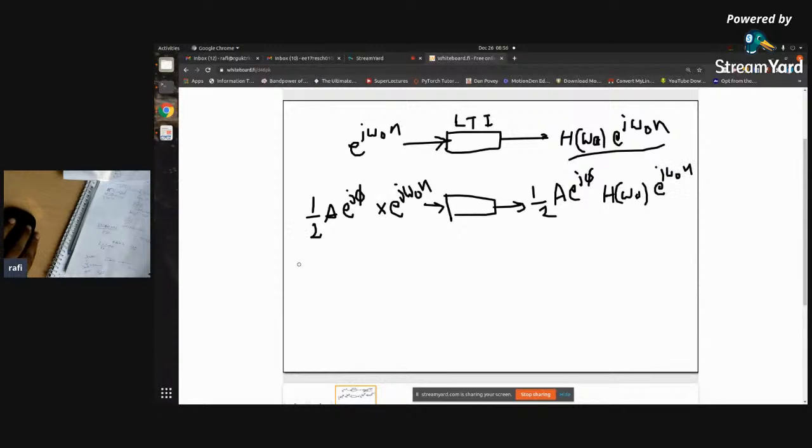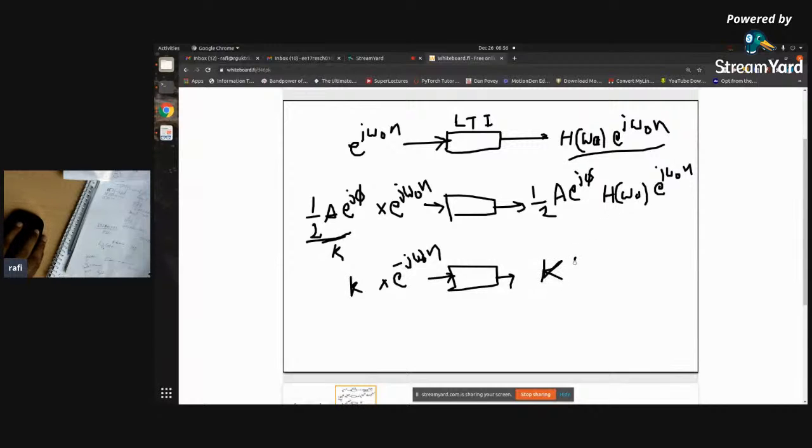Again the same thing, so I am calling this constant k. The same k multiplied by e power minus j omega naught n. Here also the output will be k into, in place of omega naught we'll have minus omega naught, into e power minus j omega naught n.